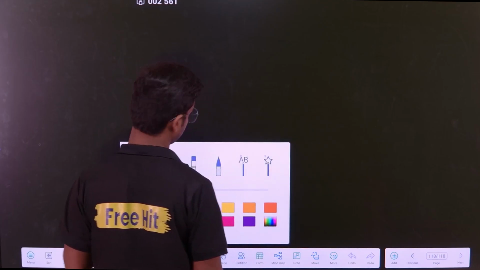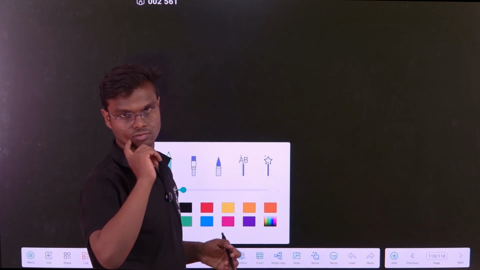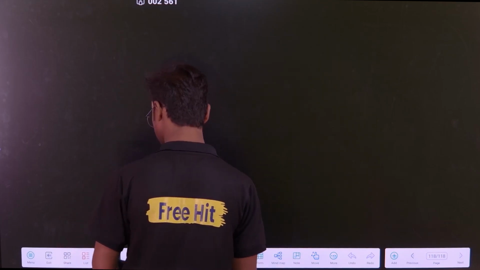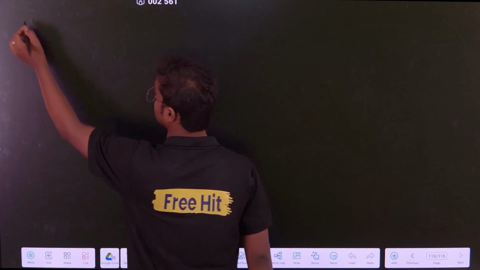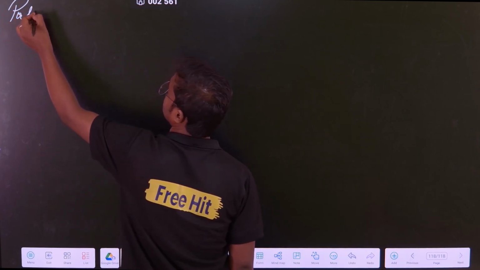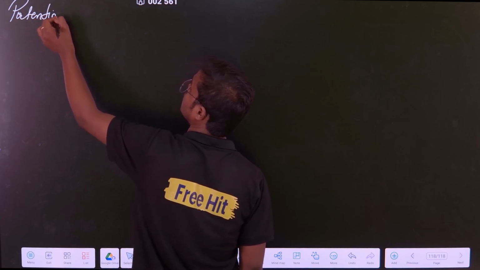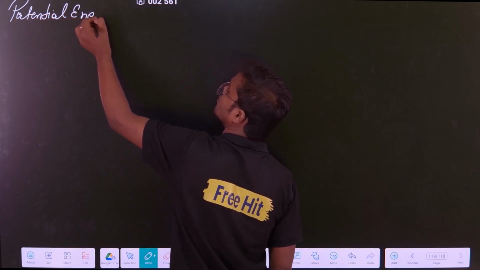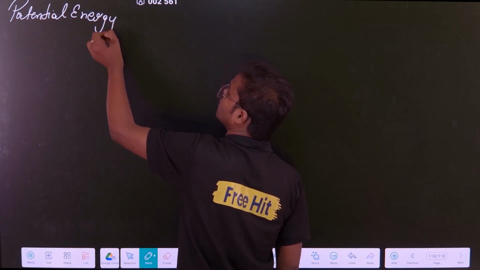So again, there will be two cases for potential energy also, correct? That is clear to you. So for the same, we have two cases. First is the potential energy. Again, we have two cases.